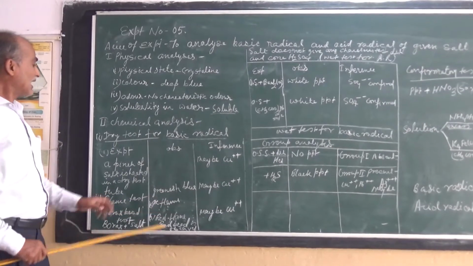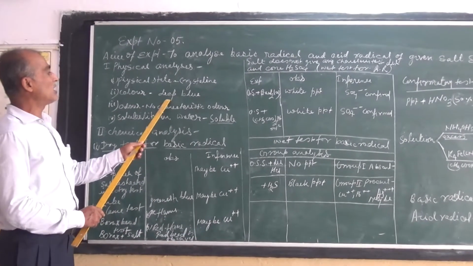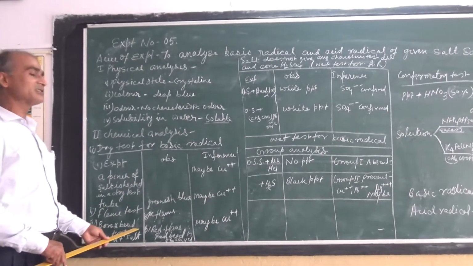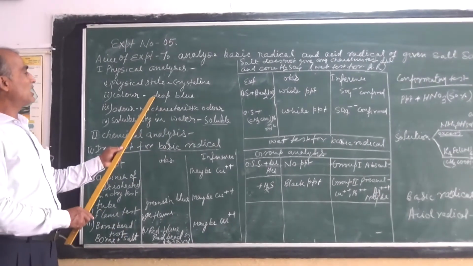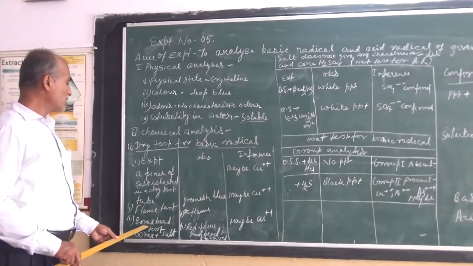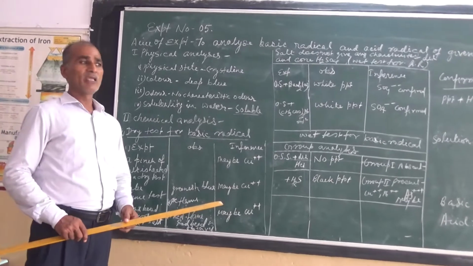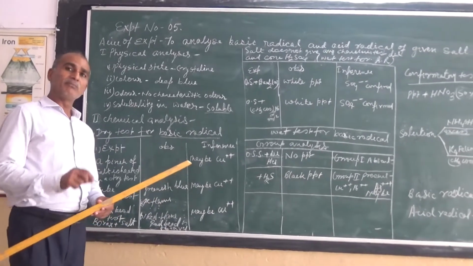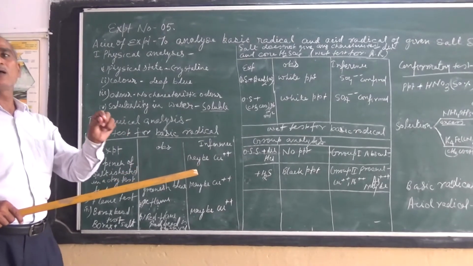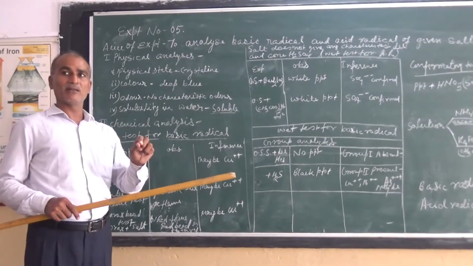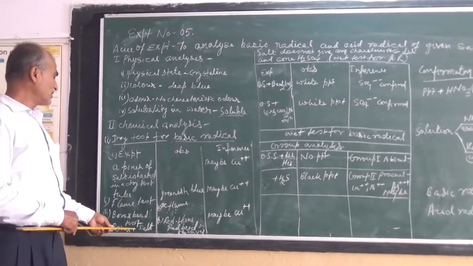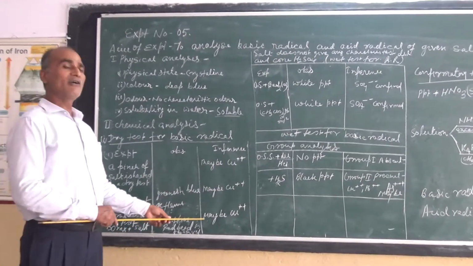Then, as this given salt is a colored salt, the borax bead test is needed. Your given salt is blue in color and for a colored salt, the borax bead test is needed. In the borax bead test, we will rinse the platinum wire and add borax to the tip of the platinum wire and make a bead of borax, then add the salt over it and bring it to the flame.